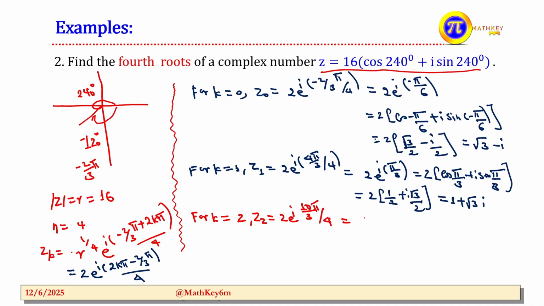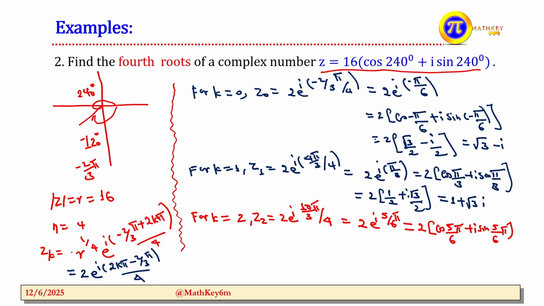Which is equal to 2 times e to the power of, by 2 this is 5, by 2 this one is 2, it becomes 5 over 6 pi, which is equal to 2 times cos of 5 over 6 pi plus i sine of 5 over 6 pi.